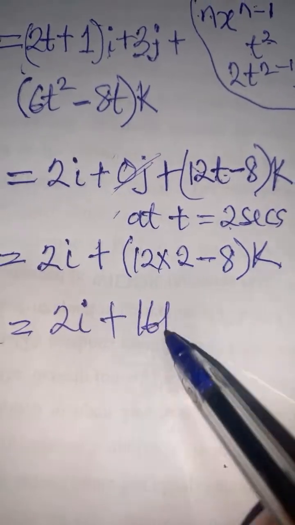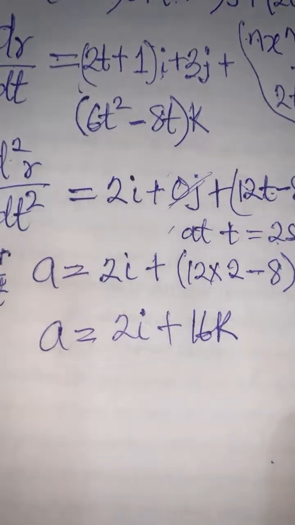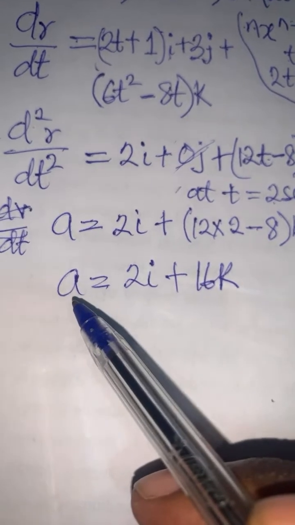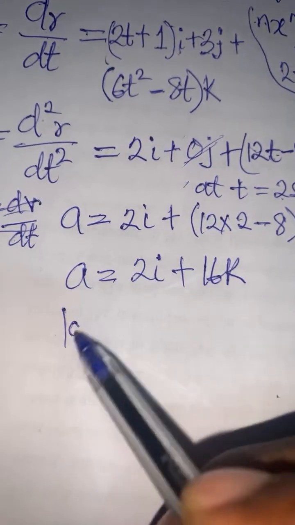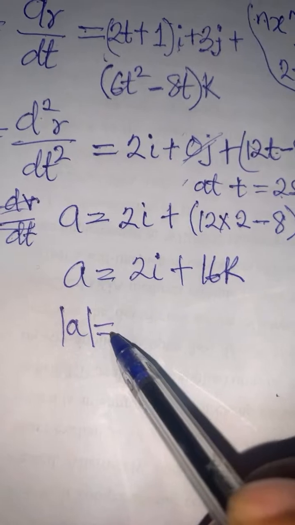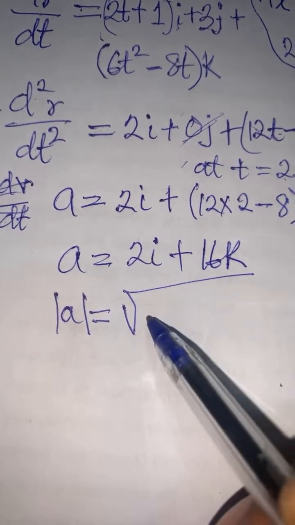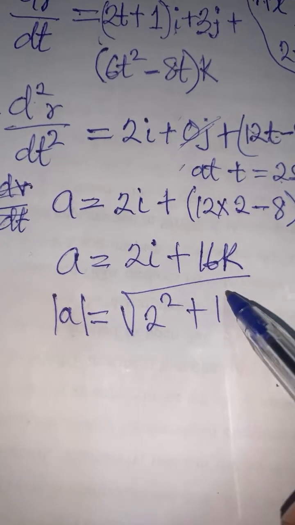We have 16k. And if you're looking for the magnitude of any vector, say vector A, by now you should be familiar with the formula: the square root of 2 squared plus 16 squared.